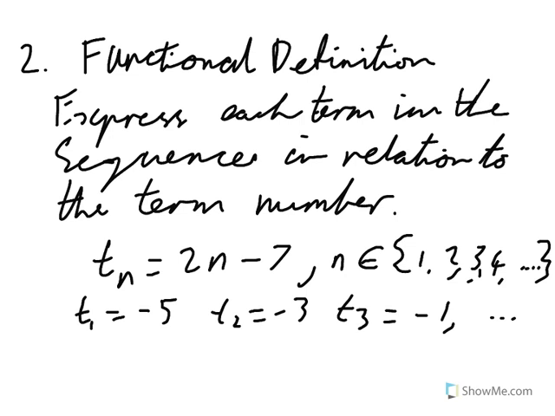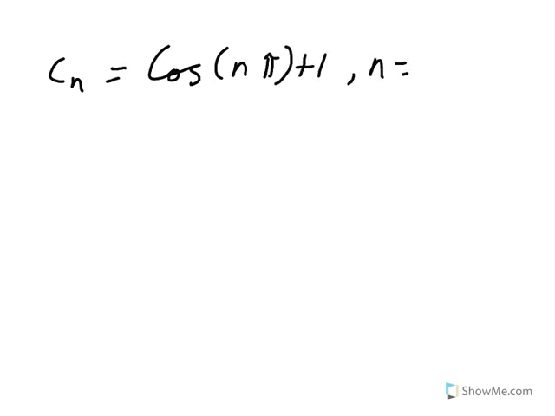We can of course have functions that will be more complicated than that. For example, this one here is Cn, term n, say is cos n pi plus 1, where n is an element of 1, 2, 3, and so on.